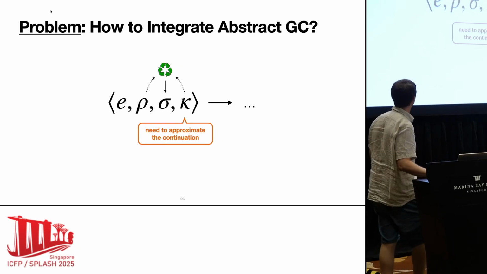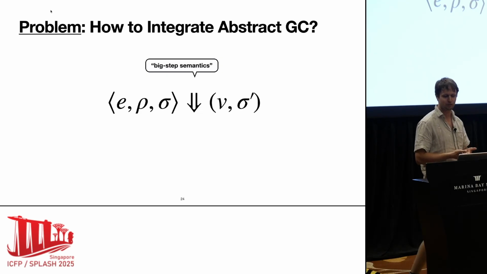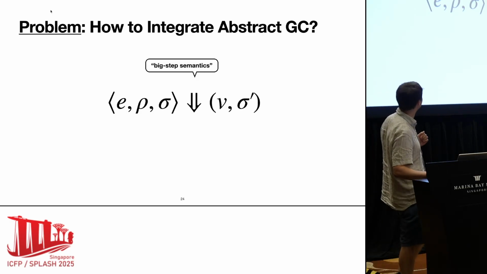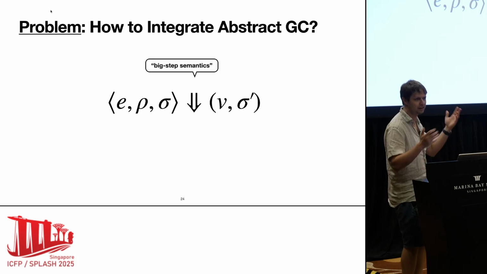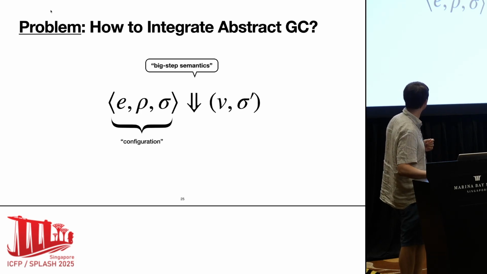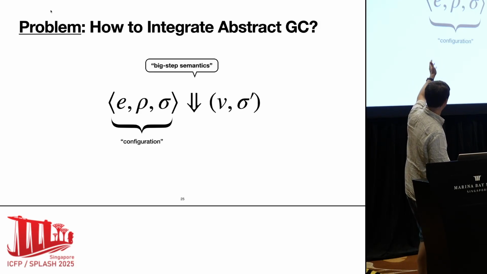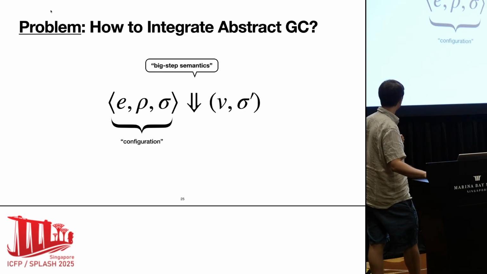something we don't want. So these days we see that a lot of abstract interpreters instead employ big step abstract semantics. In the big step abstract semantics, we no longer have this continuation component, but instead we just have recursive evaluation rules. We have a configuration that consists of expression, environment, and store, and it evaluates to a value and a delta store.